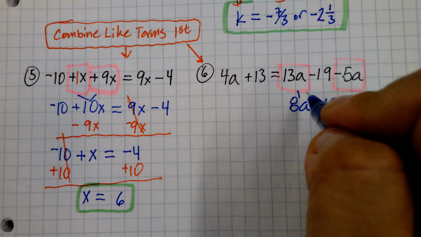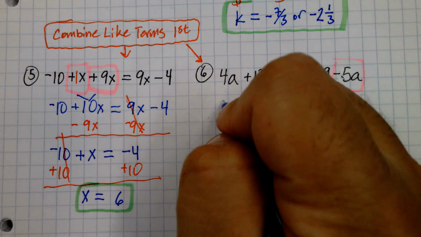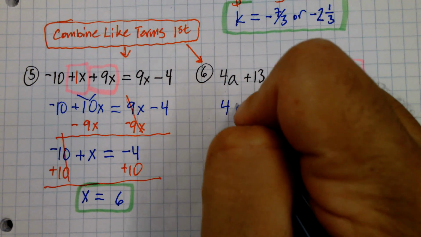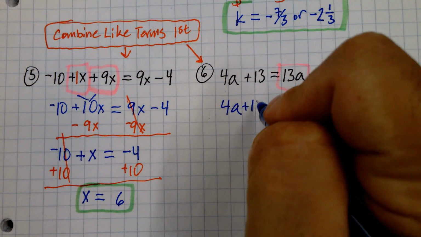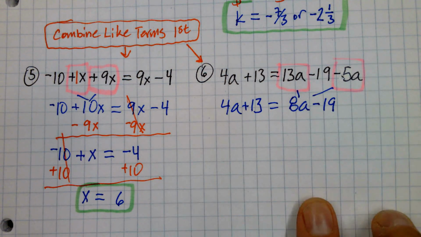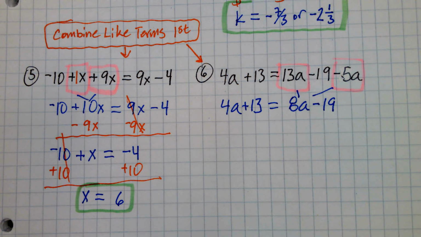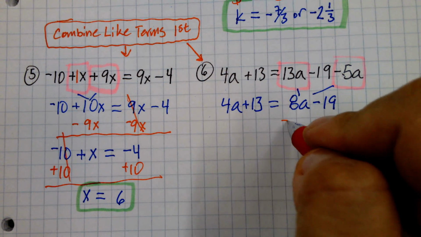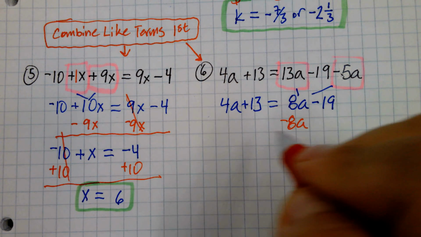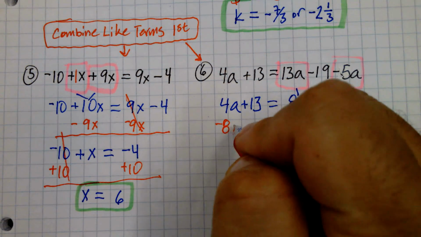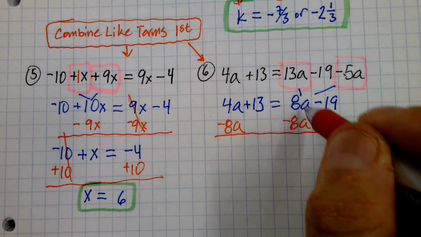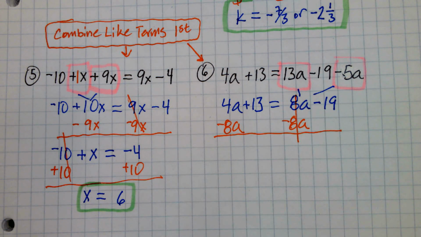Okay. And over here we have the equal sign, and then 4a plus 13. Okay. So this is what we got. Now it's just variables on both sides. Let's get rid of the 8. 8 and negative 8, these go away.